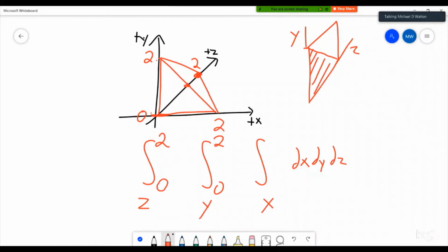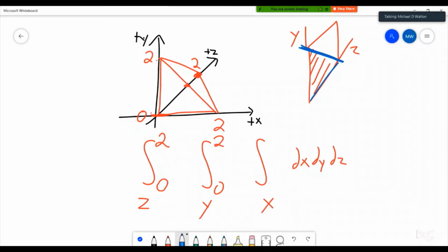So we know we can't go from 0 to 2, but we have to instead figure out what line is this line that is the top of our y function. Because the bottom of y is always at 0, but the top of y is going to go up to something.